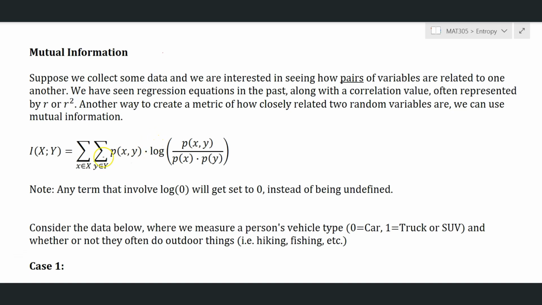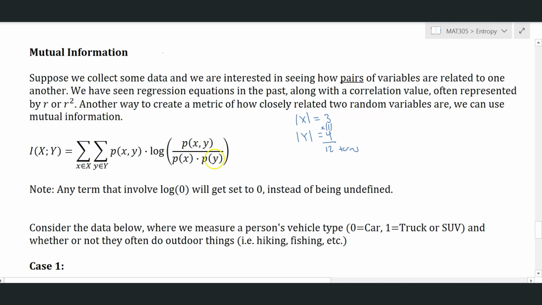So if the cardinality, or the size of set x, the number of instances of that random variable, is maybe 3, and y has, say, 4 states, then 3 times 4 tells you there will be 12 terms. Each one of these 3 has to pair with each one of these 4, and so you'll have 12 terms as a result.